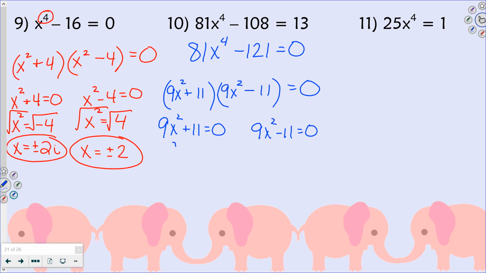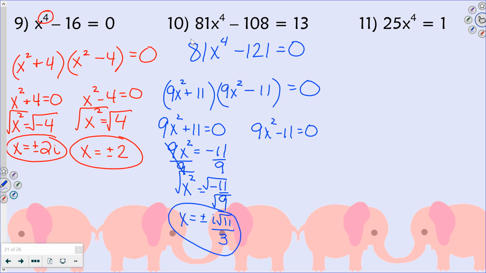So let's subtract 11. Then we divide by 9. x squared equals negative 11 ninths. Then we take the square root, top and bottom. So I can pull the i out, so i radical 11, and the square root of 9 is 3.